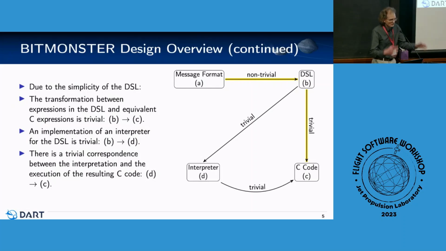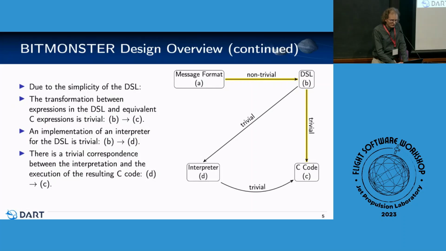If we have a sequence of these instructions that are just and, or, and shift, it's assumed, arguably, but it's easy to construct an equivalent C statement with those because there's kind of a one-to-one mapping of C operators with these operations. And because that domain-specific language is pretty simple, an implementation of an interpreter for that virtual machine is also trivial to create. It's only got those 5 instructions.